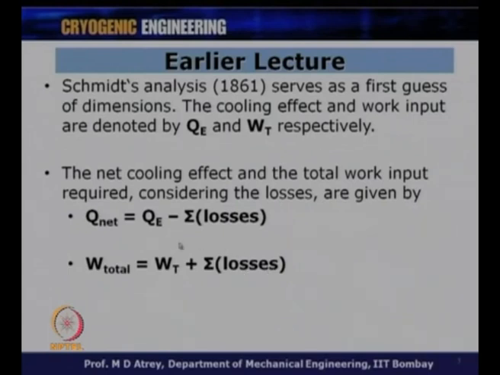So, in order to relate my QE given by Schmidt's analysis to the actual Q net delivered, I have to calculate all these losses and subtract them from QE, which will give me the Q net delivered by a cryocooler. Similarly, I will have to add all those losses, which cause more work input, to the WT calculated by Schmidt's analysis, and this will give me W total for a practical system.